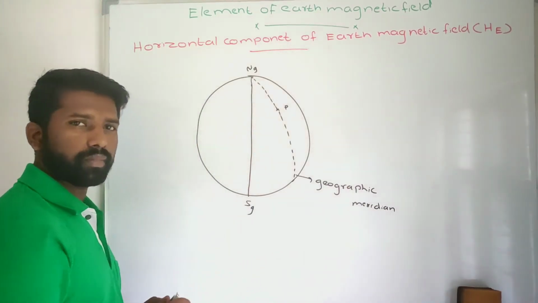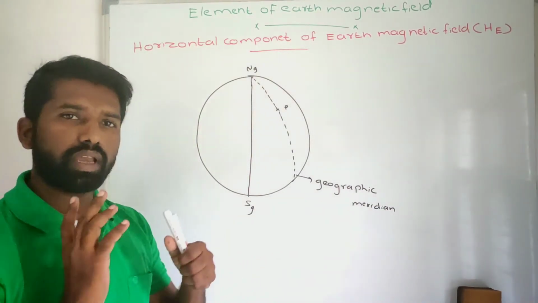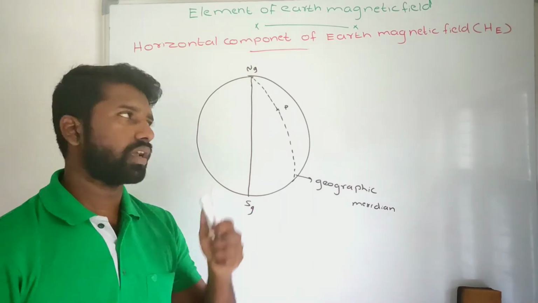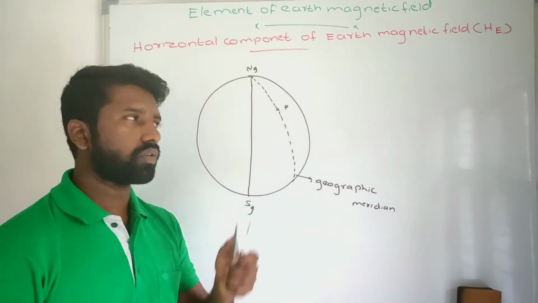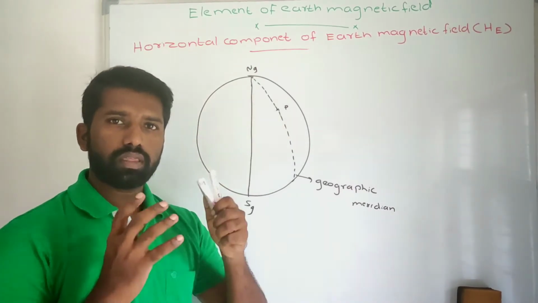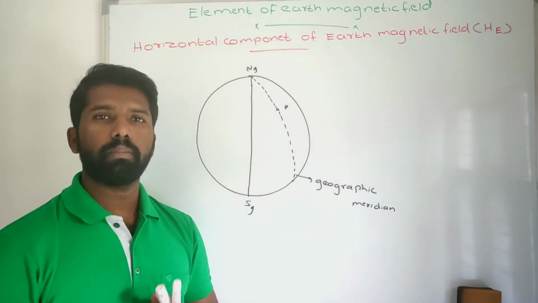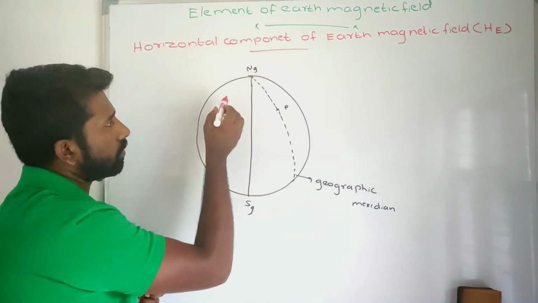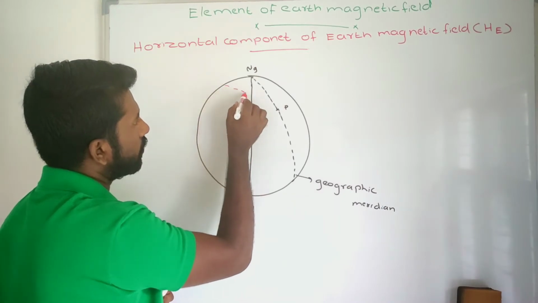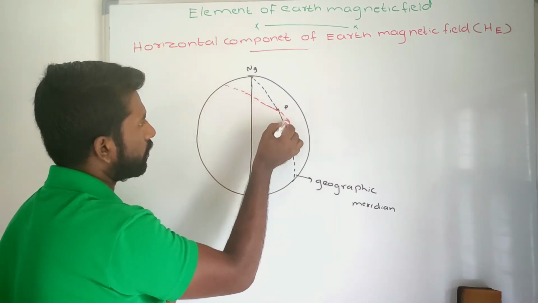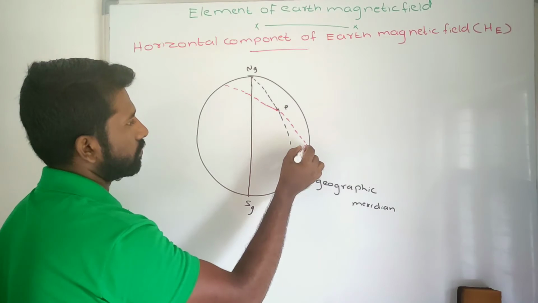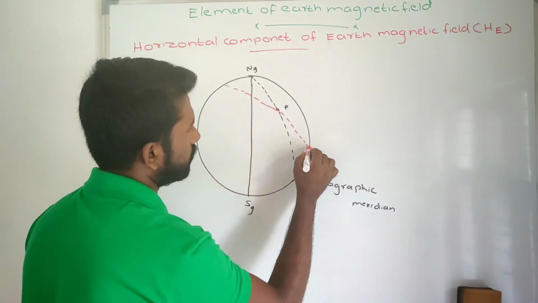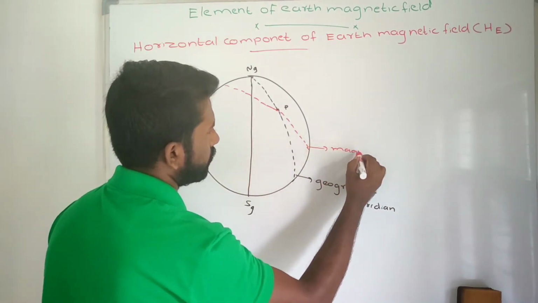Next I am going to draw the magnetic meridian. For that I place a horizontal freedom compass at the point P. The compass shows the magnetic meridian. I got the magnetic meridian at this point P like this.